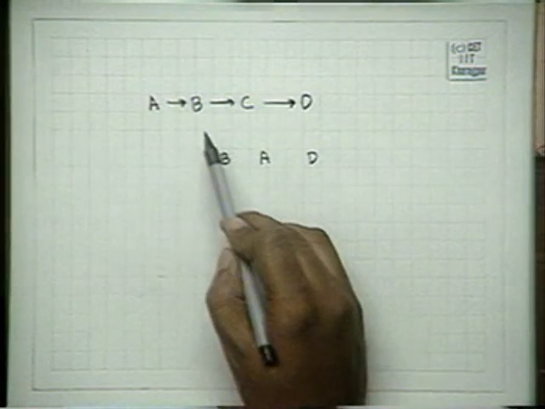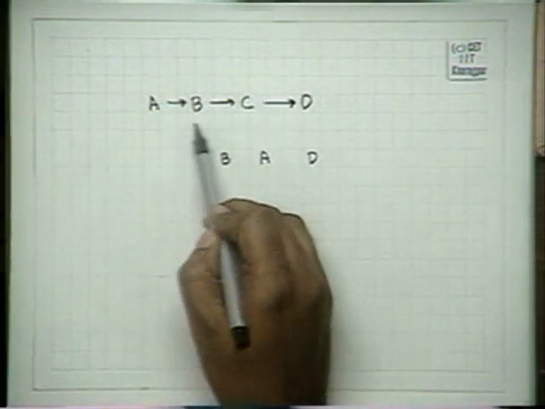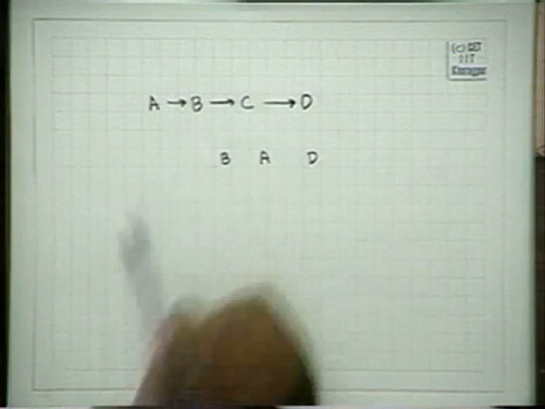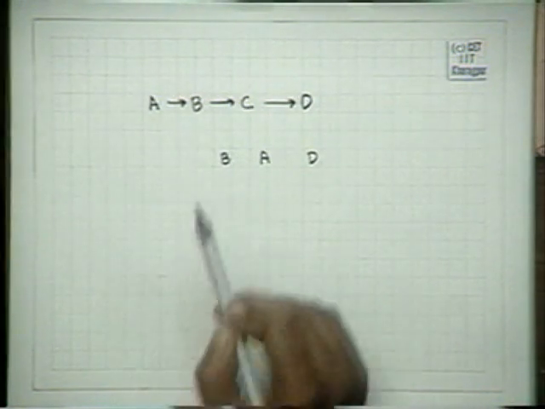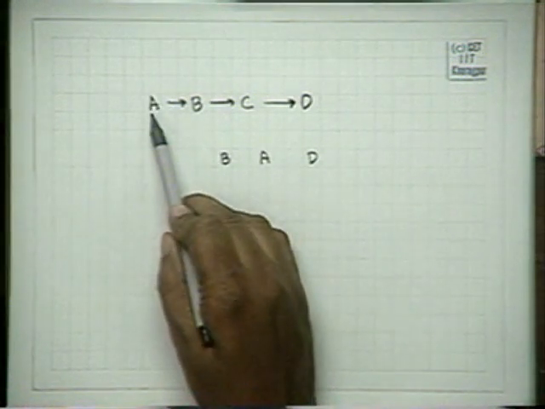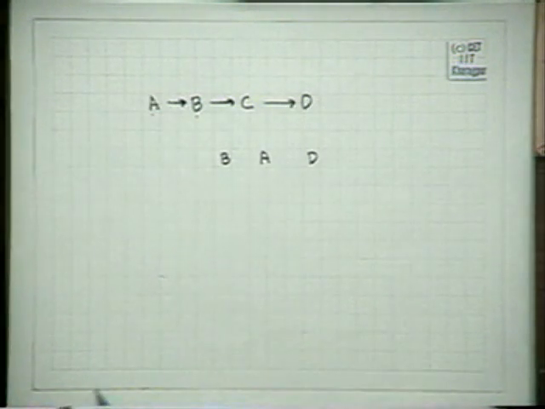This person will take into account the already present dependency graph, and based on this dependency graph, this person will lock A first, B second, and D third.